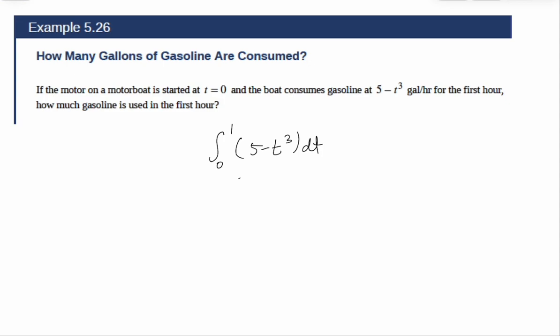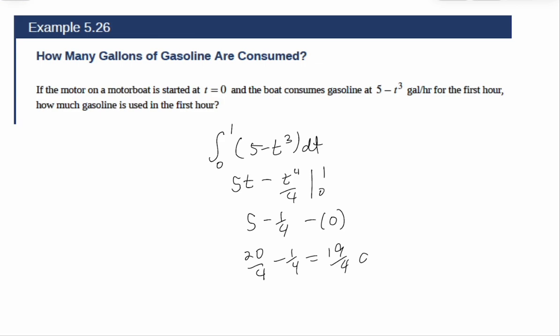Well, if we integrate that, we get 5t minus t to the 4th over 4 from 0 to 1. If we plug in 1, we get 5 minus 1/4. If we plug in 0, we get 0. 5 is 20/4, so 20/4 minus 1/4 is 19/4 of a gallon.